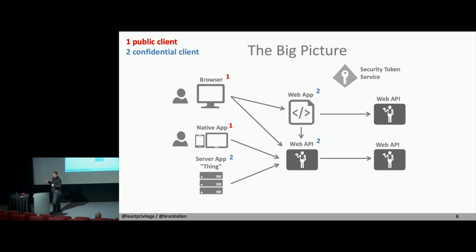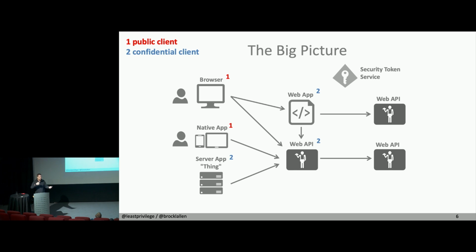The definition in the spec of a confidential client is a client that can securely store a secret. And what that means in English is it's typically something that is deployed on a server, on a trusted machine, right? Something that runs in your data center, maybe some process running at a business partner that you have some trust in, and so on.